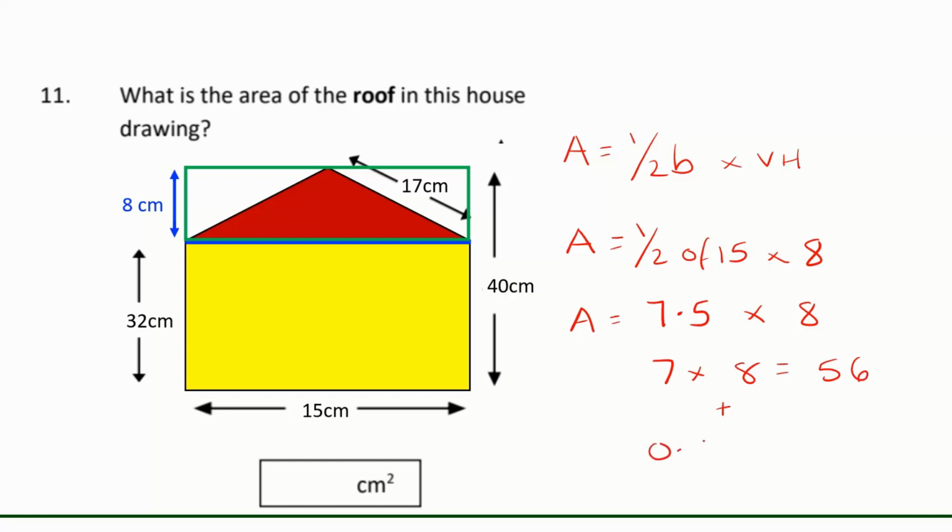So 0.5 times 8, well, what does that mean? When you're multiplying by 0.5, it just means you have to half the number. And half of 8 is 4. So the area of the roof here, the red part, is 60 centimetres squared. And that's how you do that question.